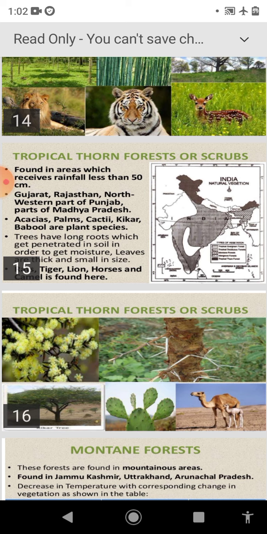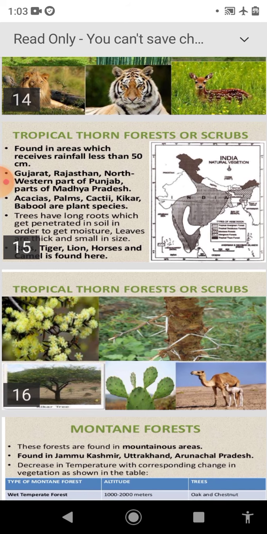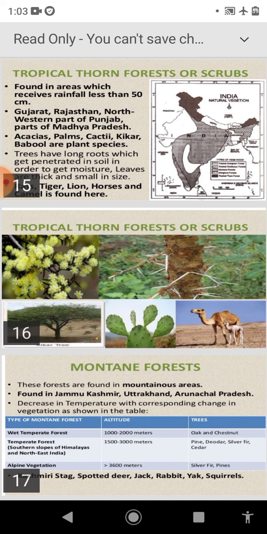The main features of thorny forests are that the trees are scattered and have long roots penetrating deep into the soil and spreading in a radial pattern in search of water. Leaves are small to minimize loss of water by the process of transpiration.